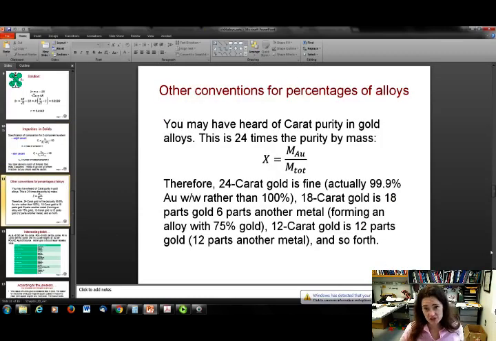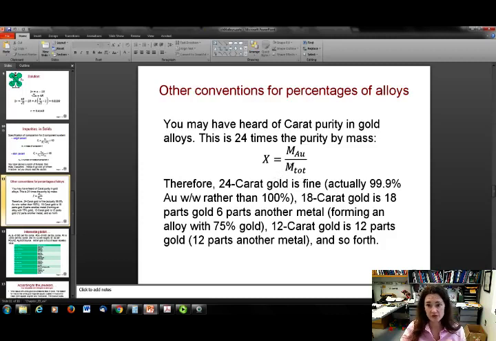There's some more conventions that are kind of fun for talking about percentages of alloys. You've probably heard of the carat system that's used in gold alloys, for example. So basically, the purity in terms of its percentage is just going to be the gold carat value divided by the total. They consider 24 karat gold to be pure gold. So that would be your total on the bottom of the fraction, and then whatever else you put on the top.